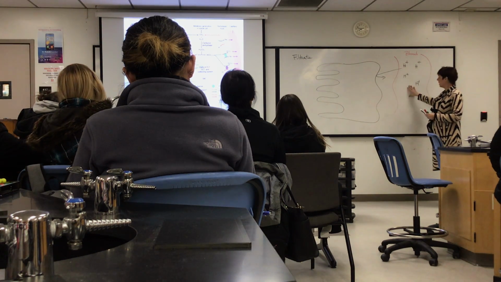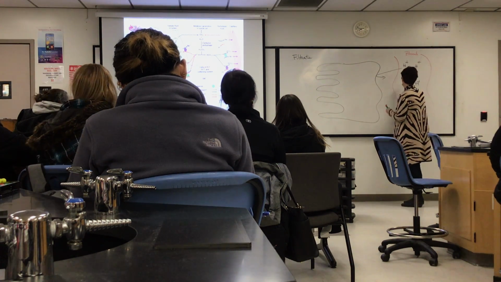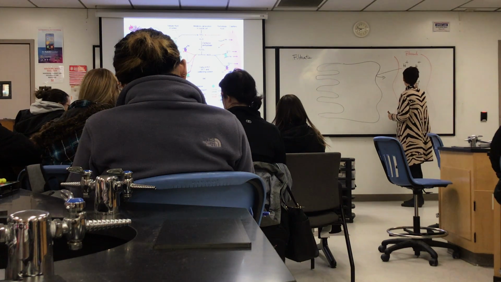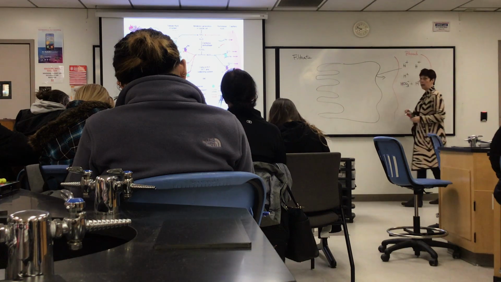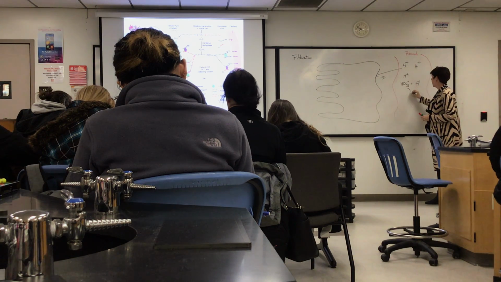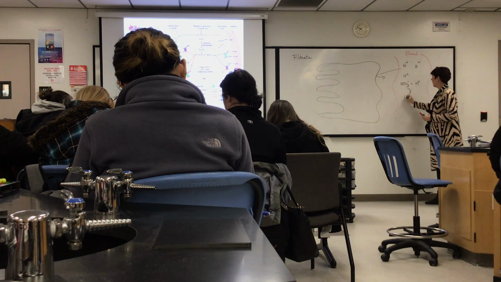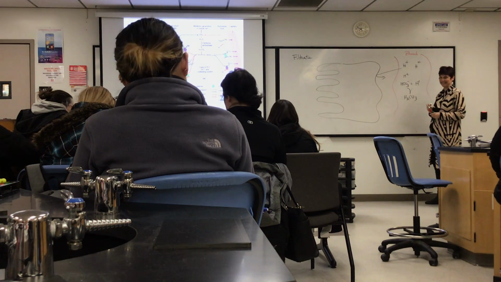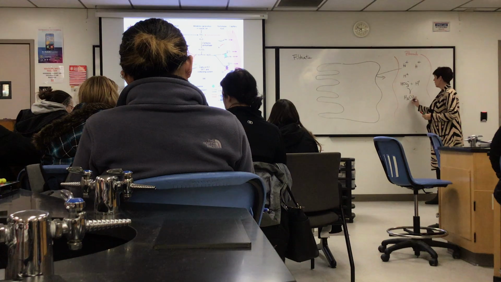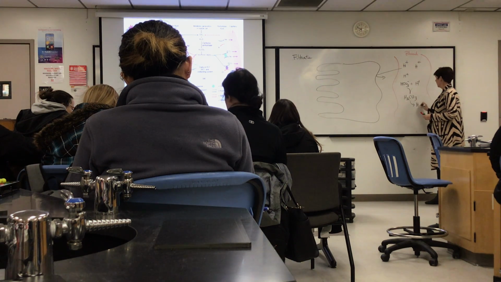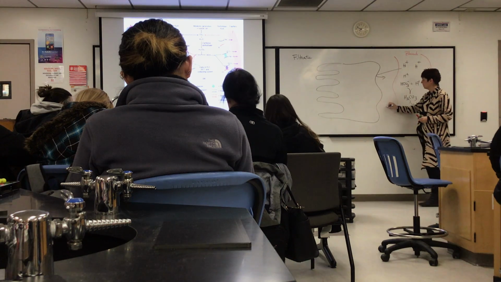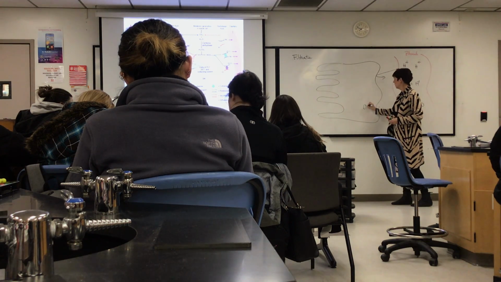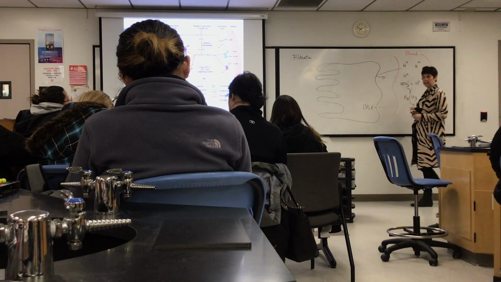So, in the blood, we take the hydrogen ions and we add it to bicarbonate, and that makes carbonic acid. Told you you're going to see a lot of this. And then that dissociates to form water and carbon dioxide.